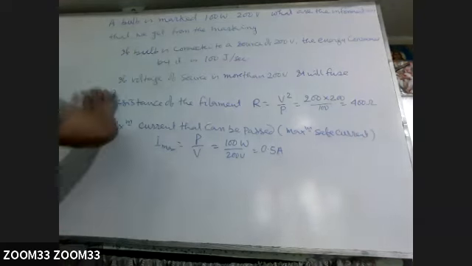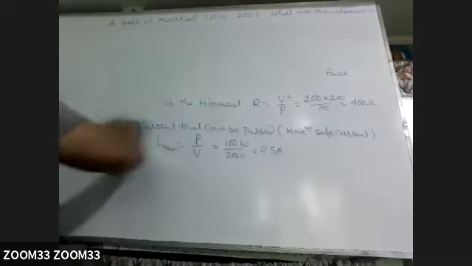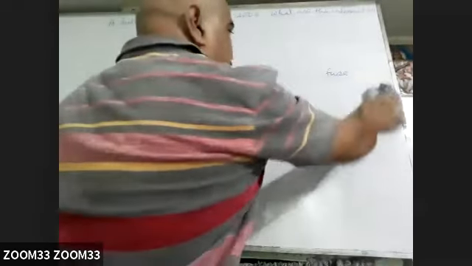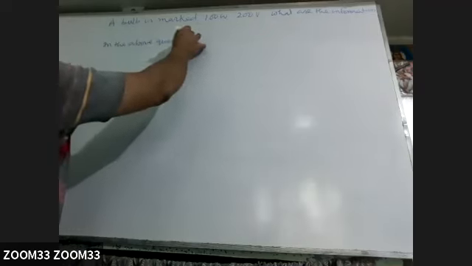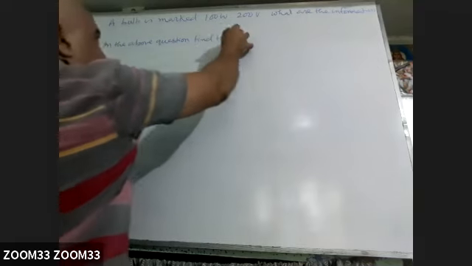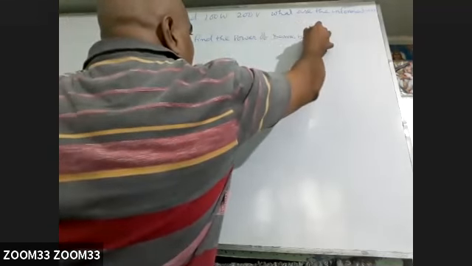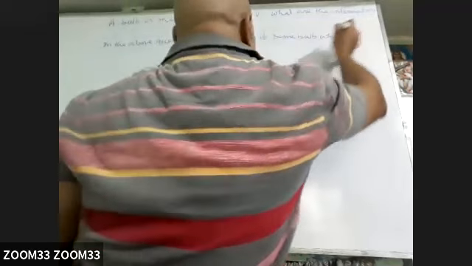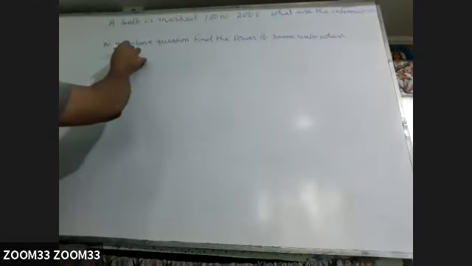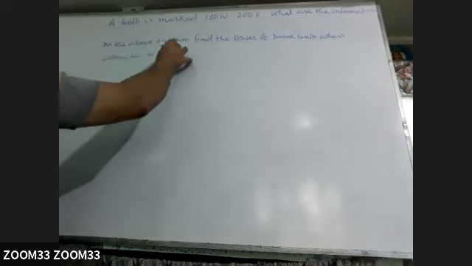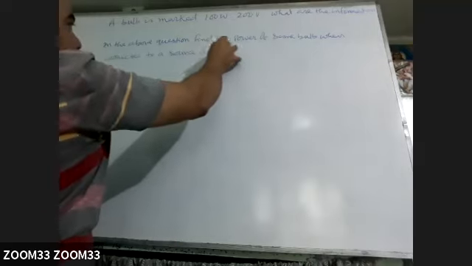Now suppose you are asked, in the above question, find the power of the same bulb when connected to a source of 150 volt.